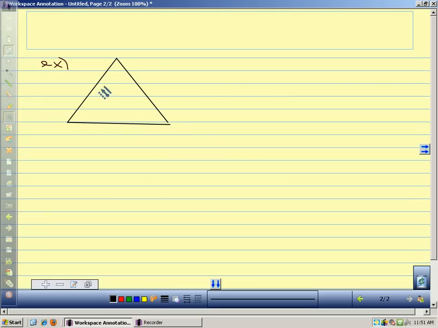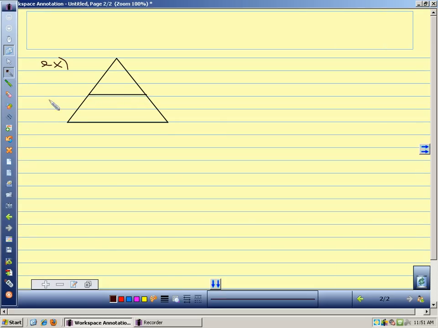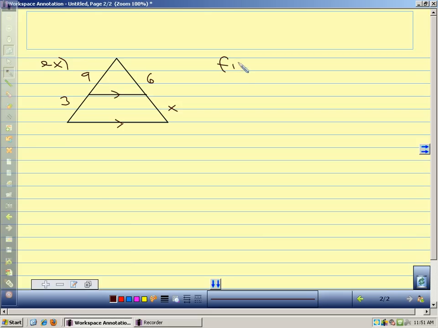So this is 9, this is 3, this is 6, this is x, and we're going to say that this side is parallel to that side. Remember that the arrows mean parallel. And we want to find x.